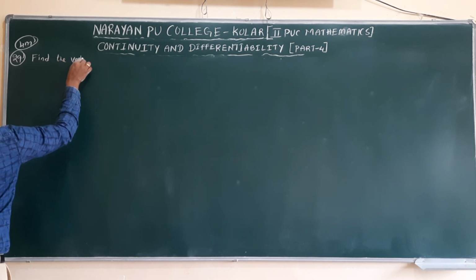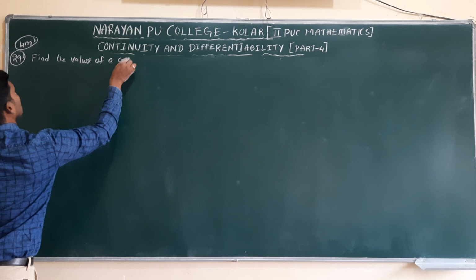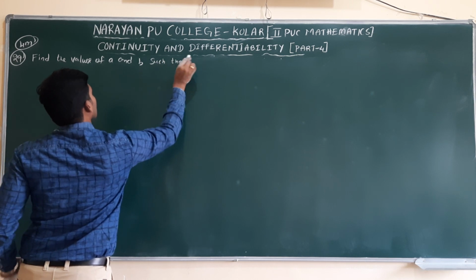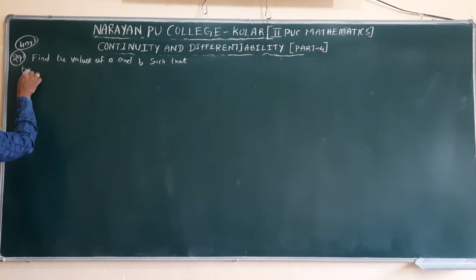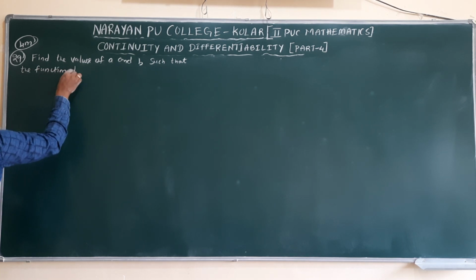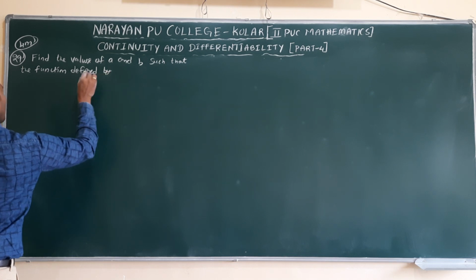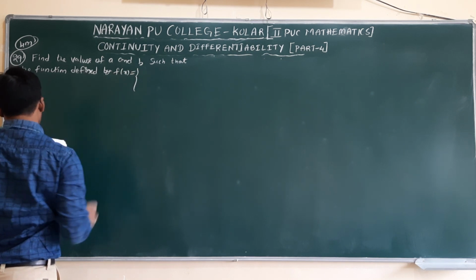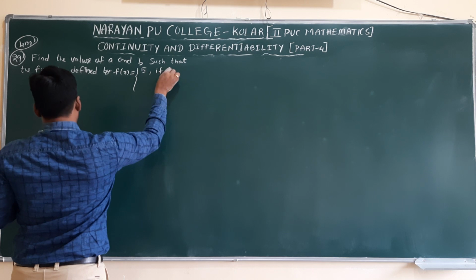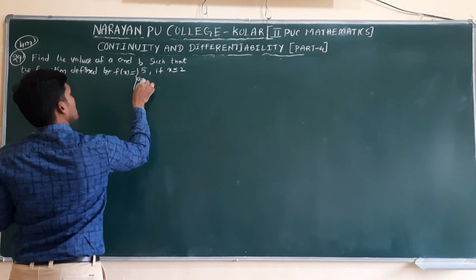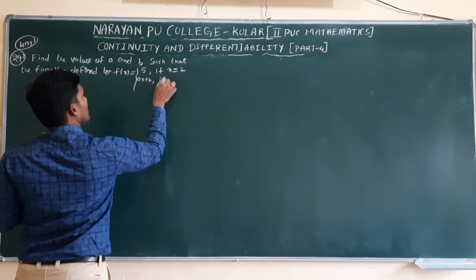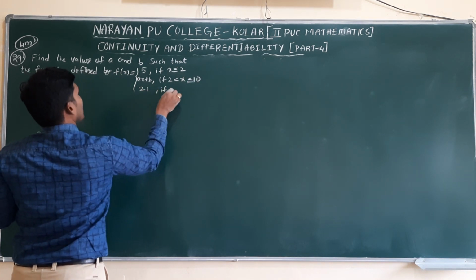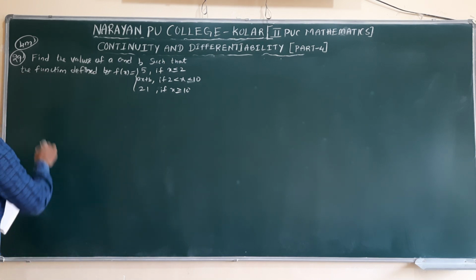Find the values of a and b such that the function defined by f of x equal to 5 if x is less than or equal to 2, ax plus b if 2 is less than x less than 10, and 21 if x is greater than or equal to 10, is a continuous function.